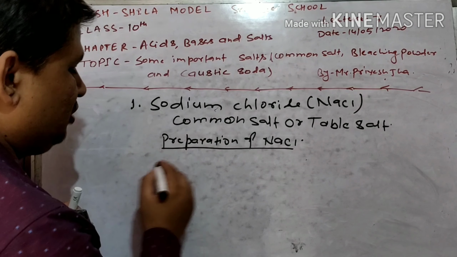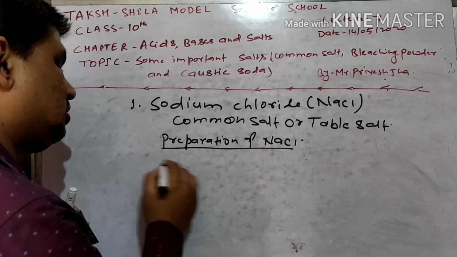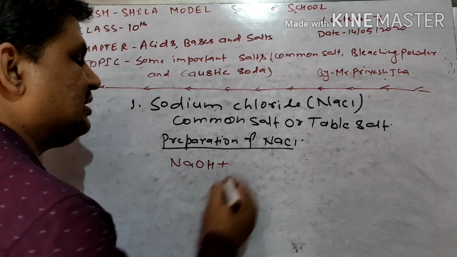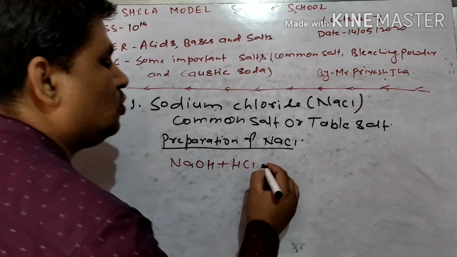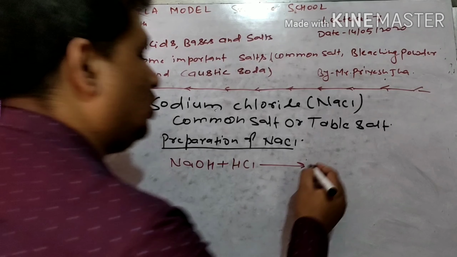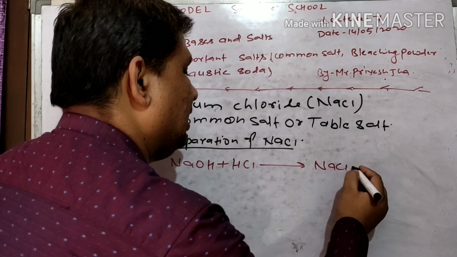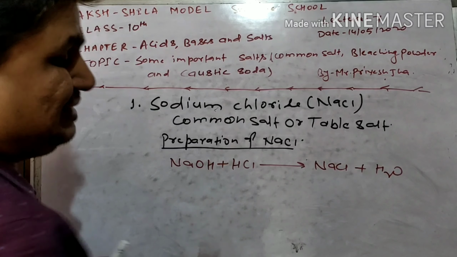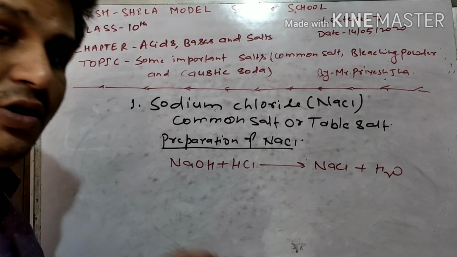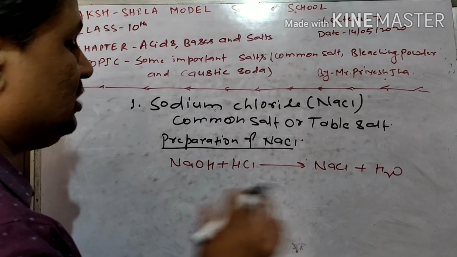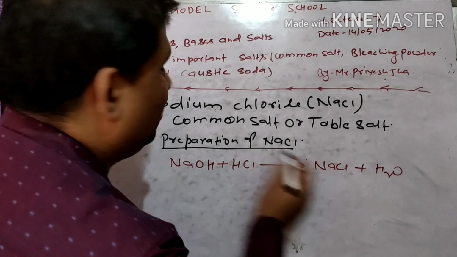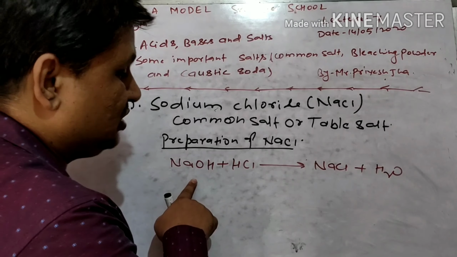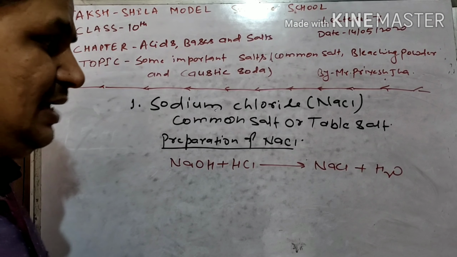The chemical equation for the preparation of sodium chloride is NaOH, sodium hydroxide, reacts with hydrochloric acid to form NaCl and water. This reaction is also an example of a neutralization reaction.